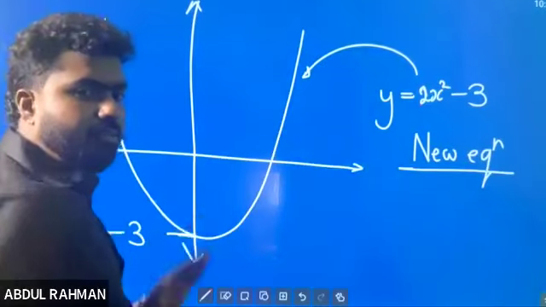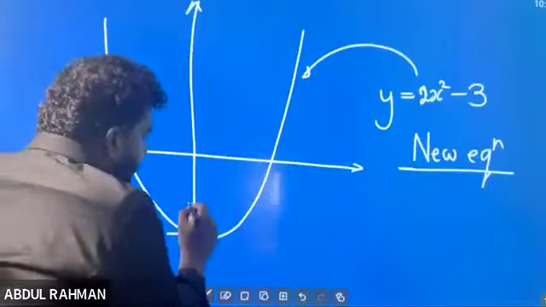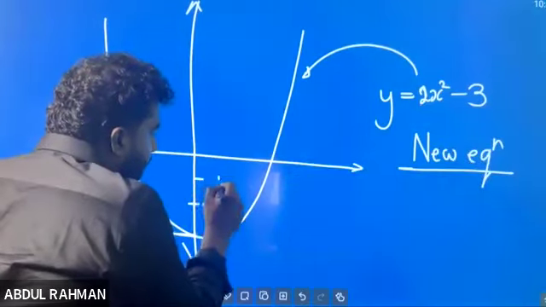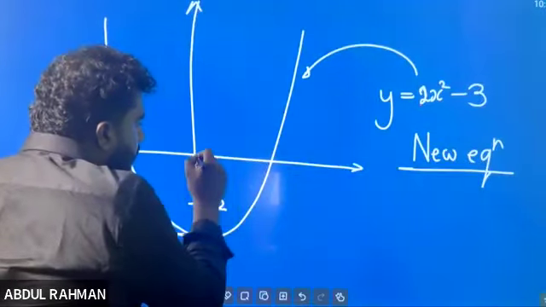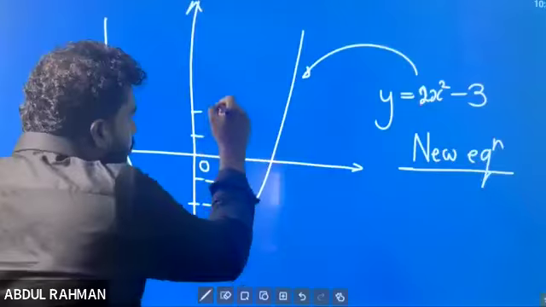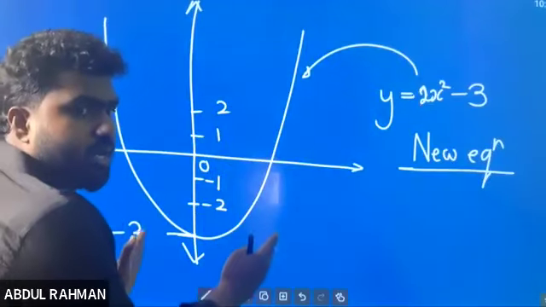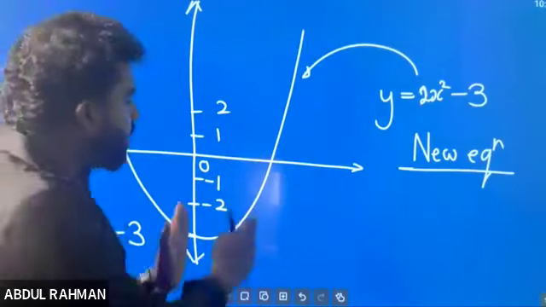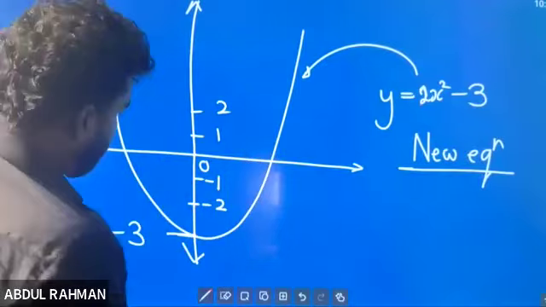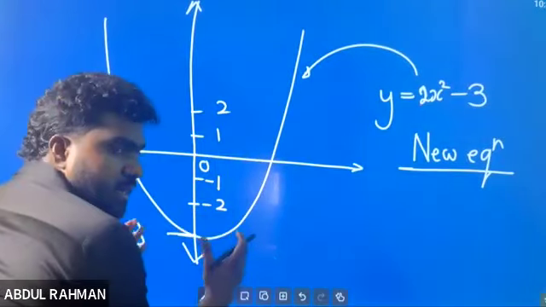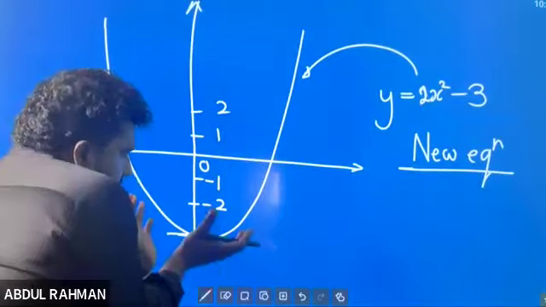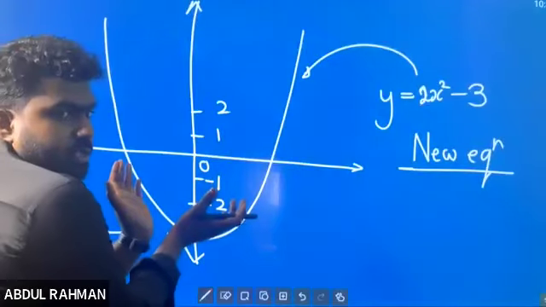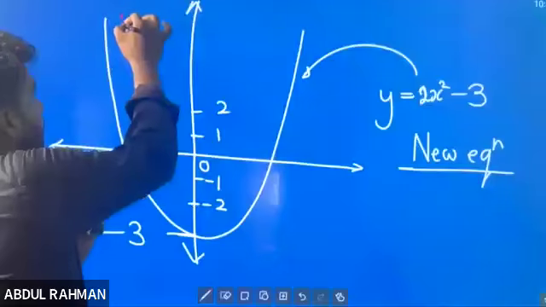Now they are going to shift the graph one unit upwards. That means from -3, they carry this graph and keep it at -2. Shall I draw a rough diagram?